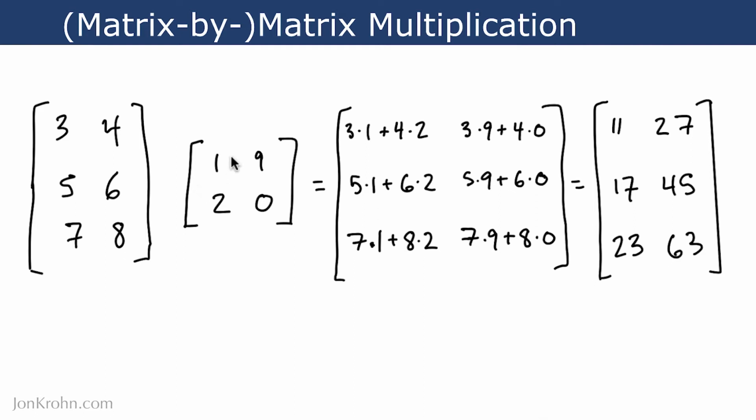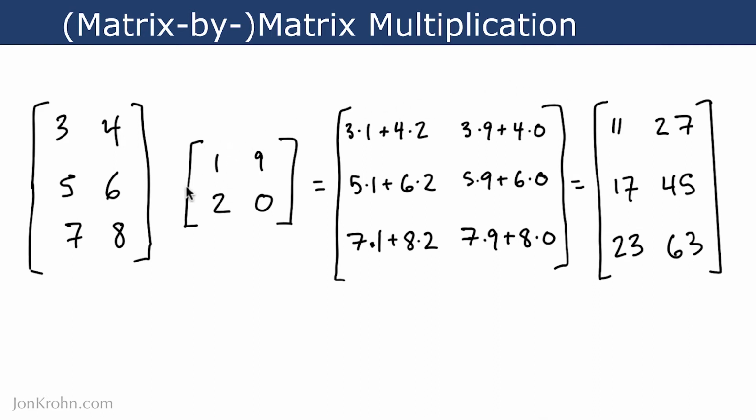And so you could think about extending and having additional columns in this second matrix, and that would result in additional columns in the output matrix. And the calculations that we'd be doing in each of those individual columns would be independent from each other, just as we saw here.